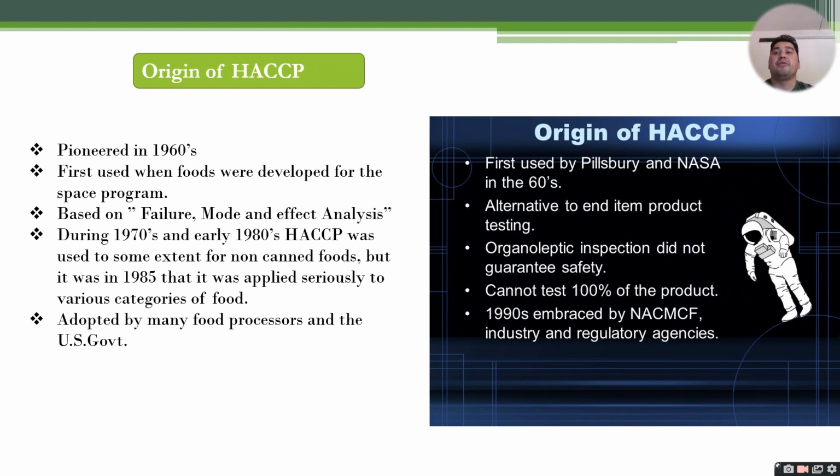Since then, it has been used continuously by different industries and organizations. It is adopted by many food processors and the US government, and it was first used by NASA in 1960. An alternative to end-product and in-process product testing.